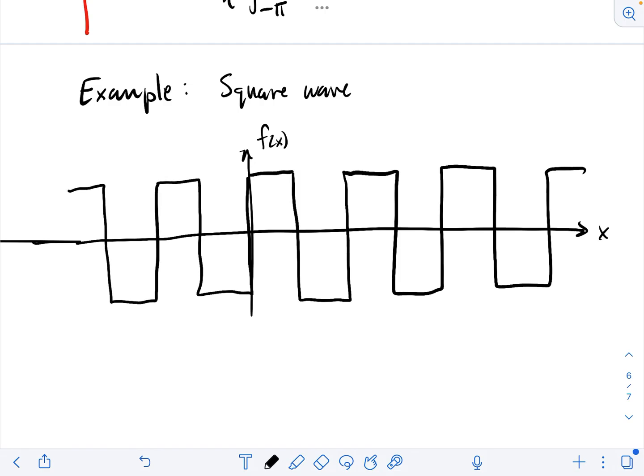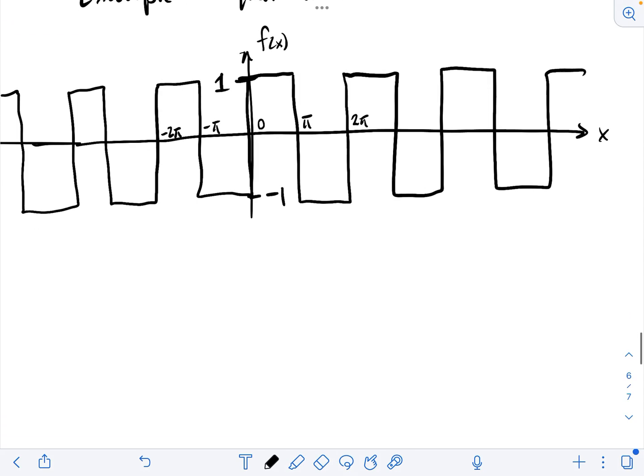Okay, so this is +1, and this is -1. Here is pi and 2 pi and so on. Here's 0, minus pi, minus 2 pi, and so on. Okay, and so what we need to do is we need to find our a0 coefficient.